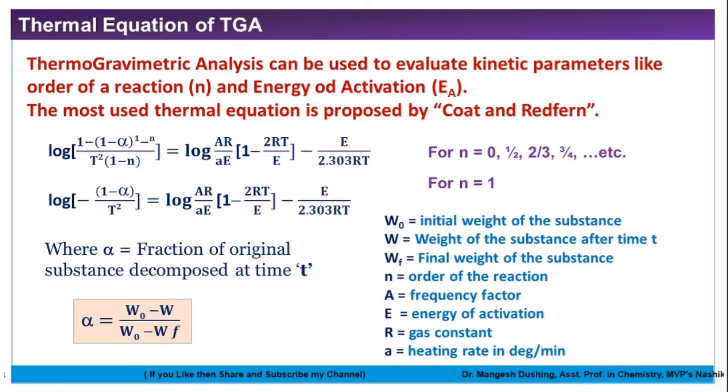The value of n giving the best fitting curve is the order of the reaction. The value of activation energy and the frequency factor A are calculated from the slope and intercept of the best fitting curve.